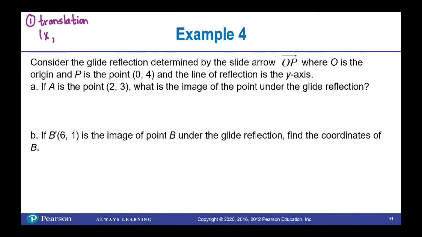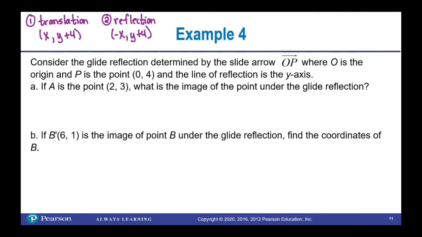The x didn't change, but the y went up 4, so that would be represented with y plus 4. Then I think about my reflection. The reflection is across the y-axis, and so the sign of the x changes. I start with the units from the translation, and I change the sign of the x, and then I bring across that y.